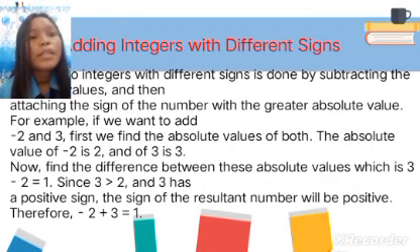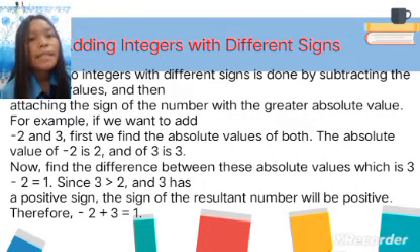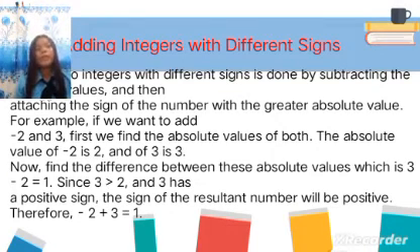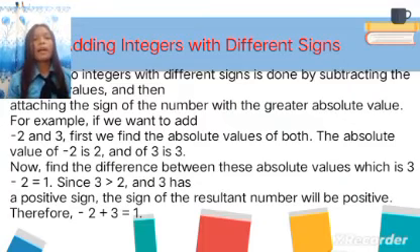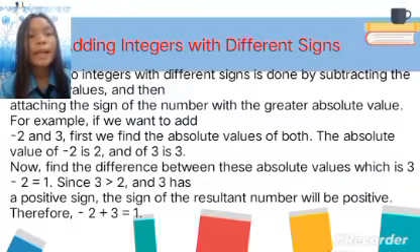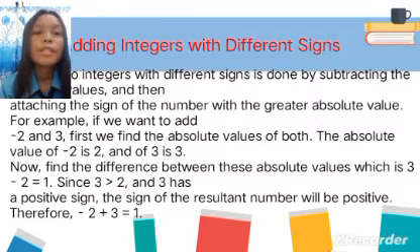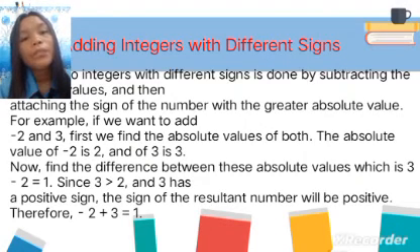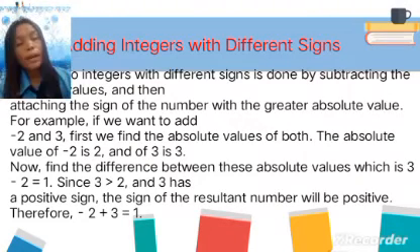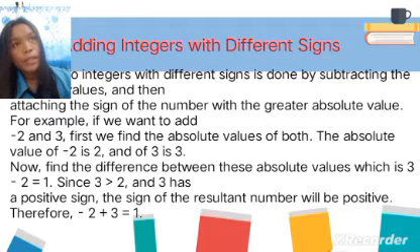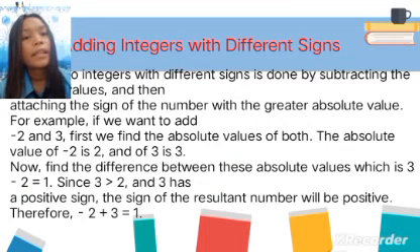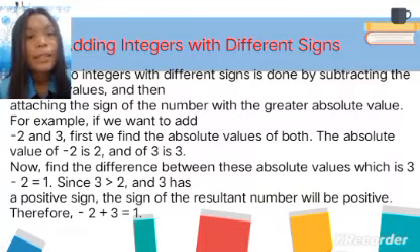Adding integers with different signs is done by subtracting the values and then attaching the sign of the number with the greater absolute value. For example, if you want to add negative 2 and positive 3, first we find the absolute values of both. The absolute value of negative 2 is positive 2, and of 3 is 3.